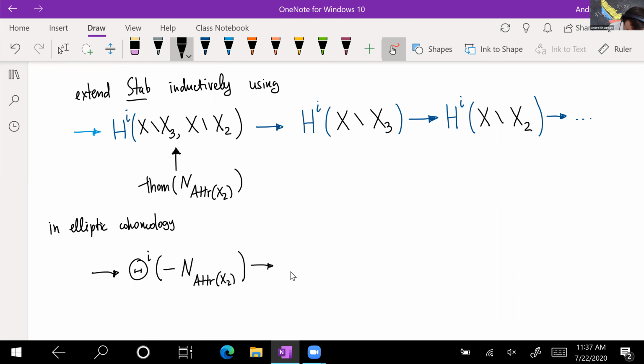Remember, usually cohomology groups are modules over a ring. So in elliptic cohomology, they become sheaves on the spectrum of elliptic cohomology. So we take the structure sheaf. It's a graded sheaf, graded by the degree of cohomology. And so this is elliptic T-graded cohomology of X minus X3, and then this goes to elliptic cohomology of X minus X2, and so forth.